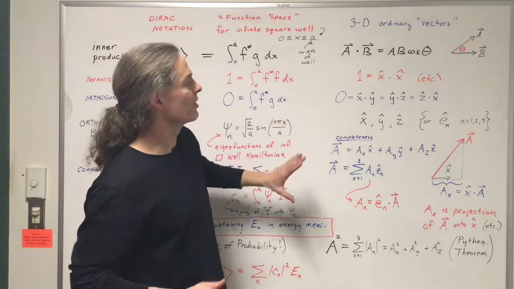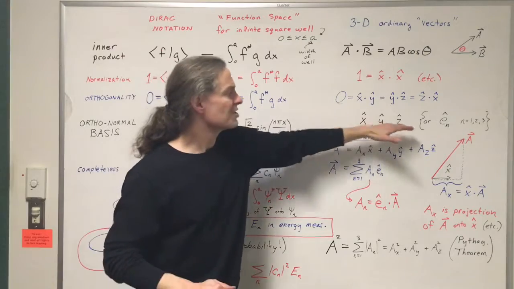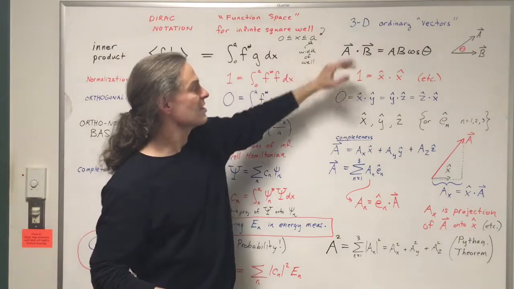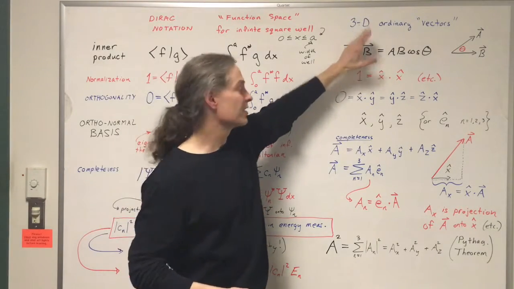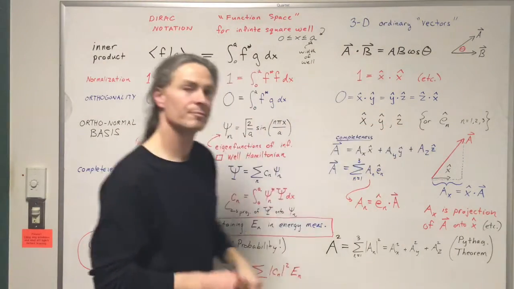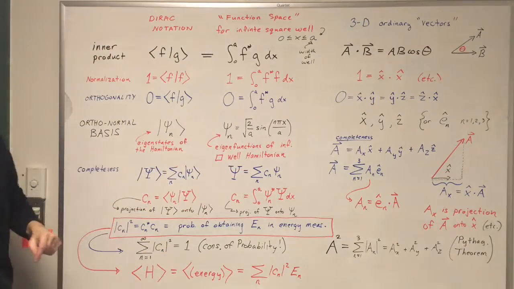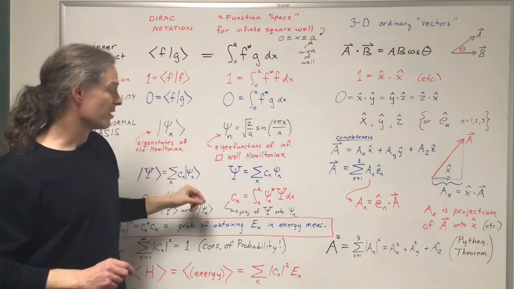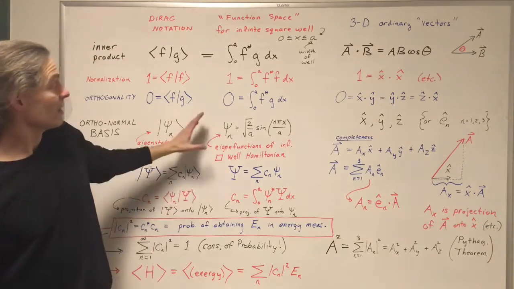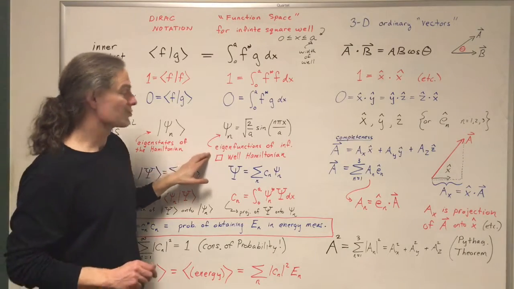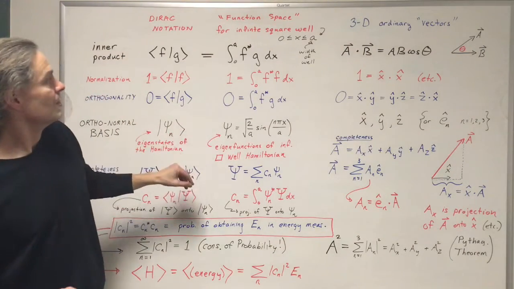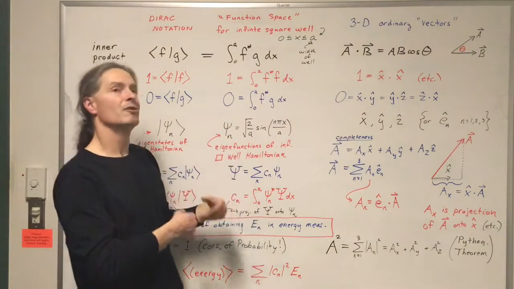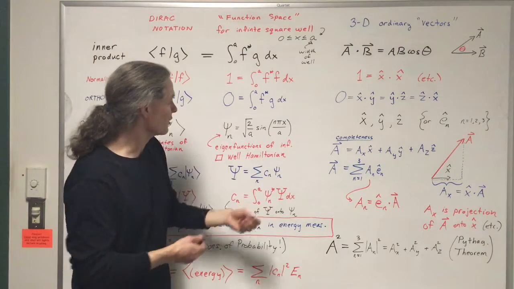Okay, so to summarize what I said here, x hat, y hat, and z hat form an orthonormal basis for vectors in 3 space. That is, we can build any three-dimensional vector out of linear combinations of these. Well, it turns out that an analogous role is played in our infinite square well function space by eigenfunctions of the infinite square well Hamiltonian. So if we get our Hamiltonian operator, we find the eigenfunctions of the Hamiltonian.